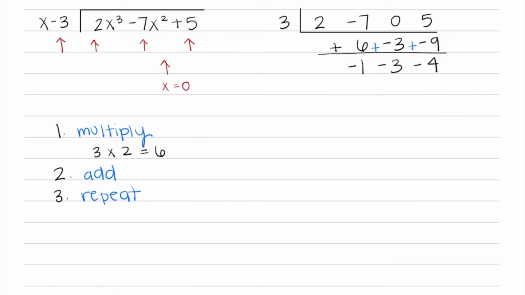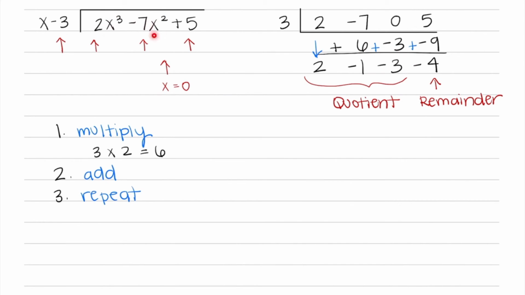So now that we've gone through the row, we can go ahead and bring that leading 2 down over here. And these first 3 terms are our quotient. And the last term is considered our remainder. So now we can go ahead and pop those variables back in, in this case the x's.